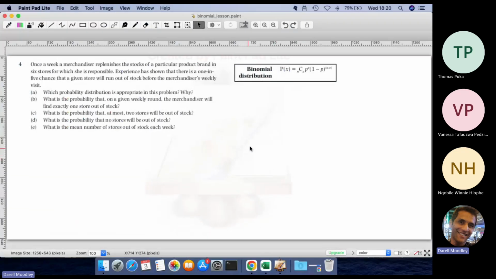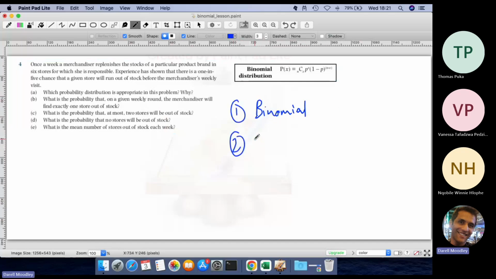Okay, so just to give you some context for this learning unit, there are three probability distributions that you will need to cover. The first one is the binomial distribution. The second one is the Poisson distribution.